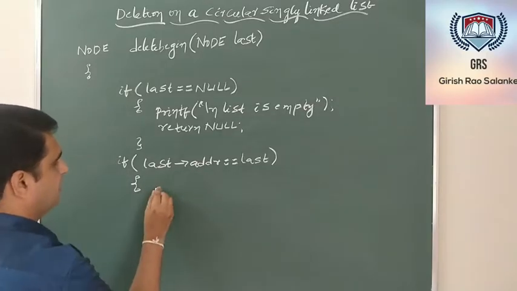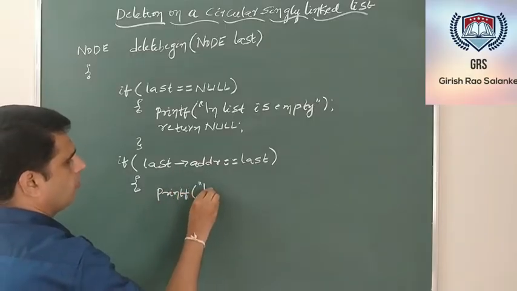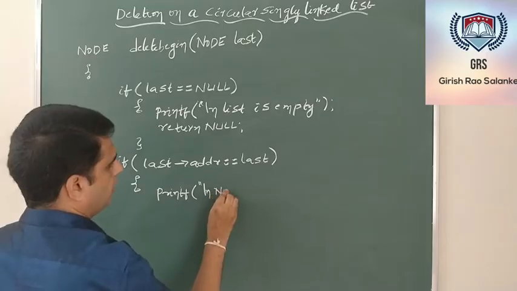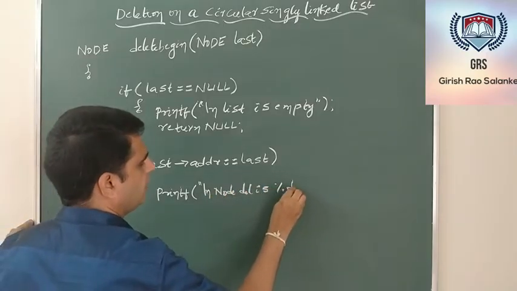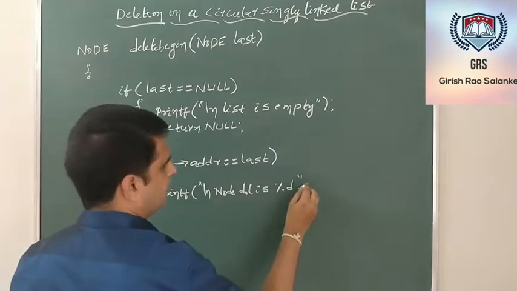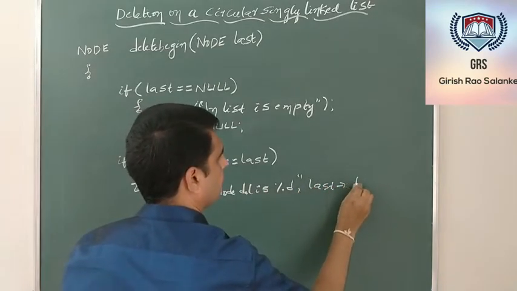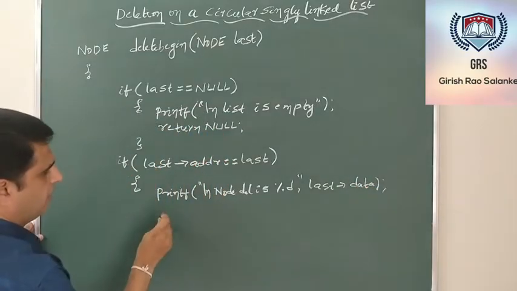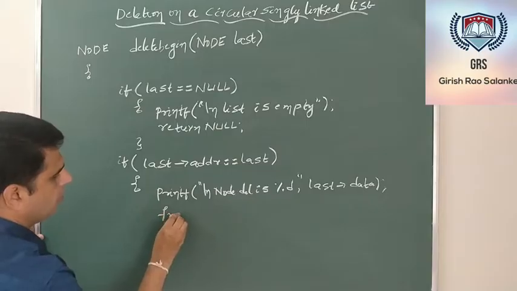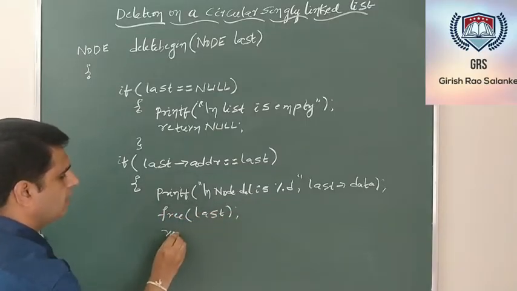I need to just directly printf node deleted is %d, which is nothing but last of data. Deallocate the memory. Free of last, return null.